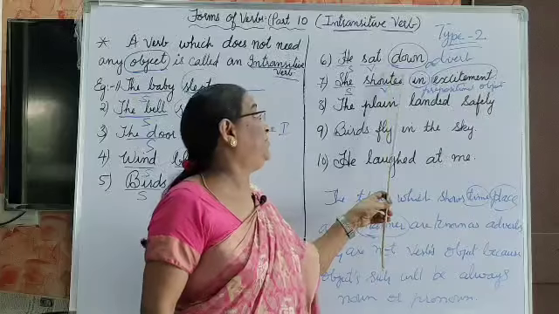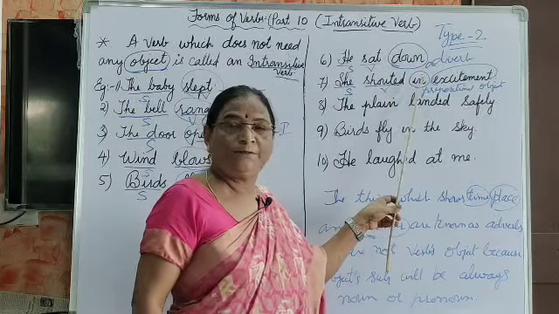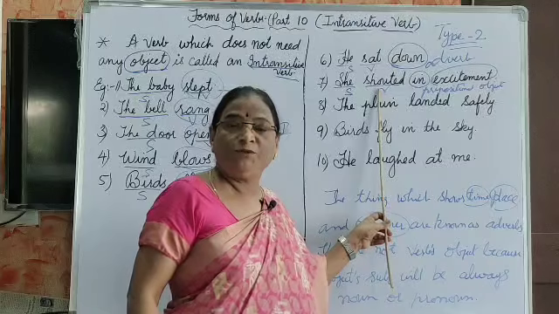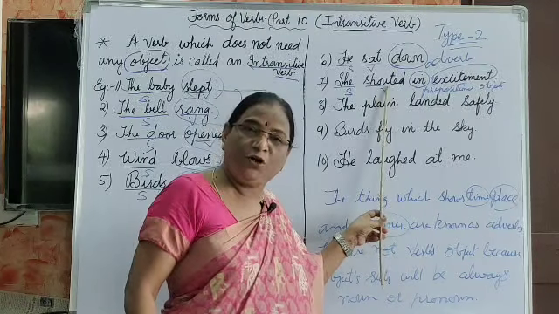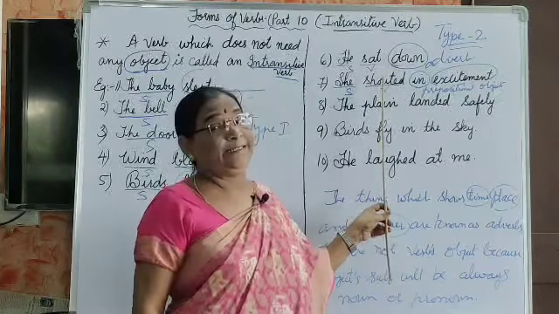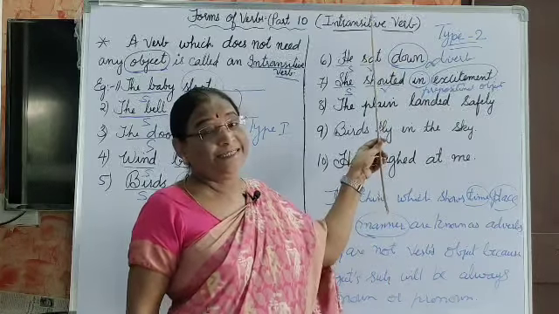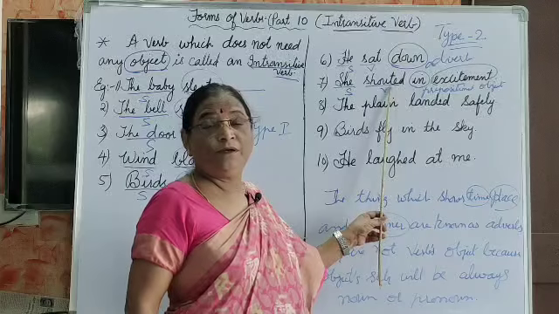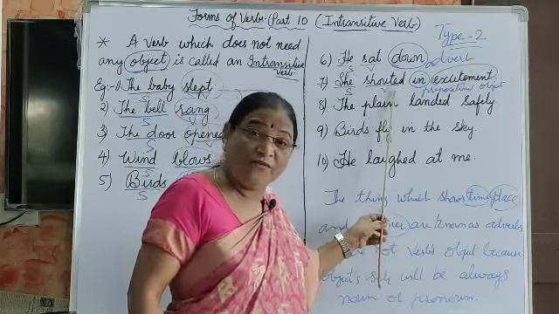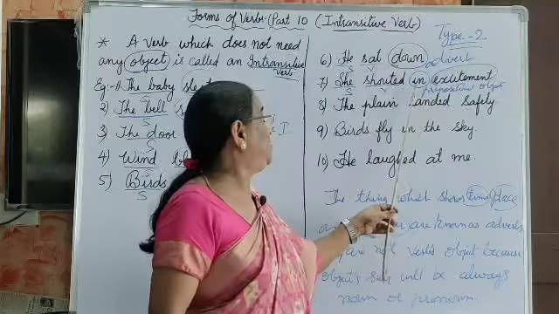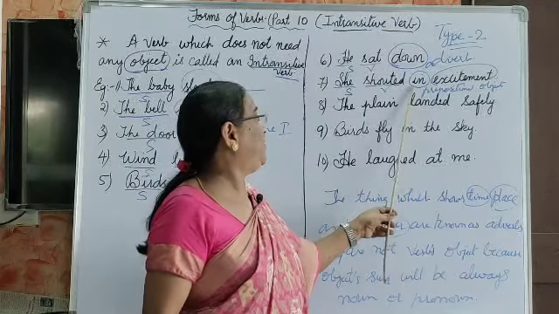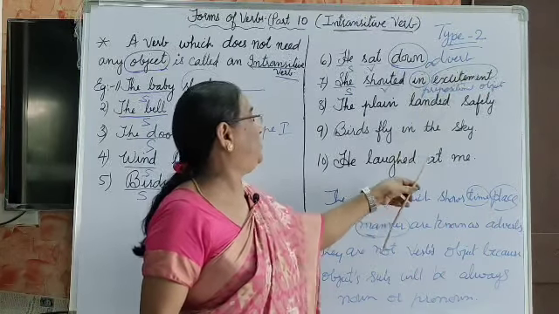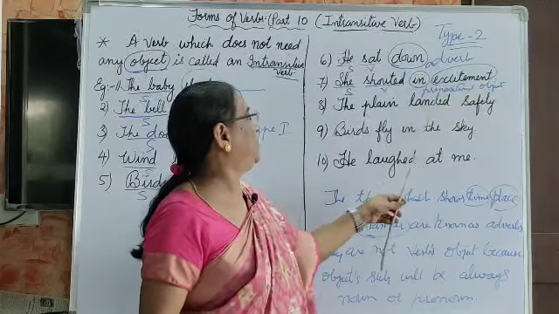Soon after this verb we have in. In means it is preposition. So this is prepositional object. It is not the verb's object. If it is the verb's object, we say that it is transitive verb. But as it is intransitive verb, it does not have an object soon after this verb. This object is after the preposition, so this is known as prepositional object.